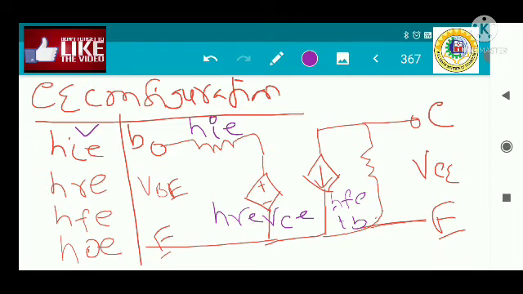And this is your C, output voltage. And this is HOE. Okay, so these are all the H parameters, and in the case of the common emitter configuration, I have replaced all the parameters with an extra E, that represents the common emitter.